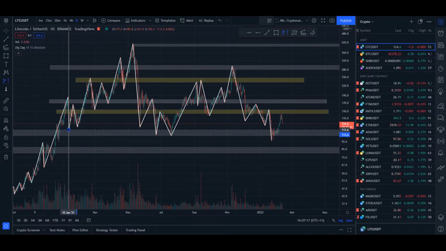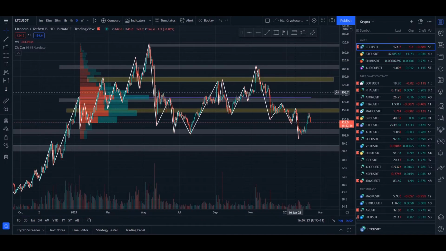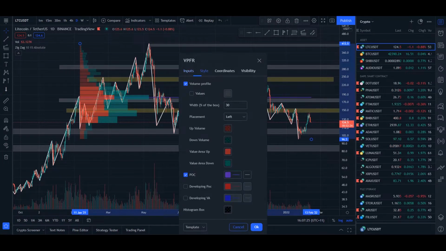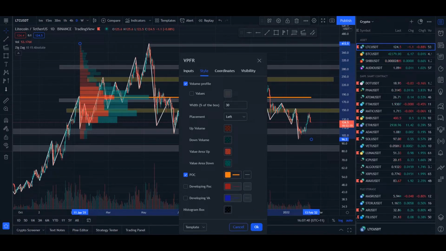So I put this range from the 11th of January till now. If you see, there's a purple line, which I can even change the color of, as we call it point of control, POC. Let me make it a color that'll be more visible. Should be better. Yep. Press OK.